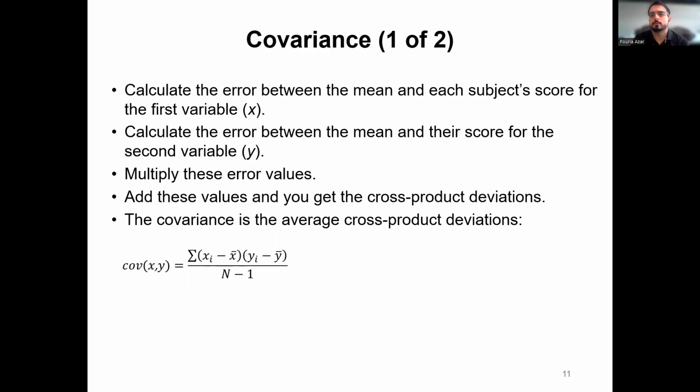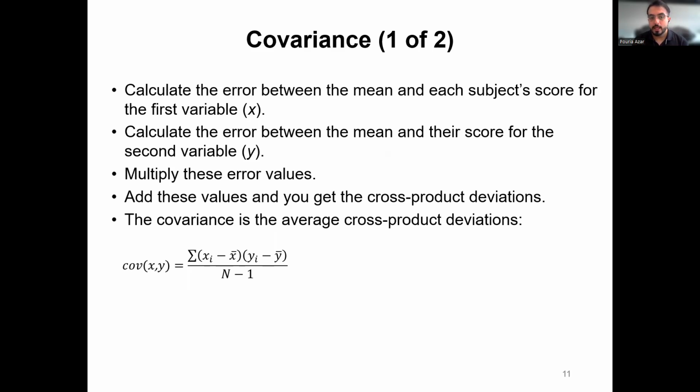In order to calculate covariance, which is an indicator of the relationship between two variables, we need to calculate the error. Remember, the error is the difference between the observed score and the mean. We need to calculate the error between the mean and each subject's score for the first variable. For example, x is our first variable, which in our example is adverts watched.